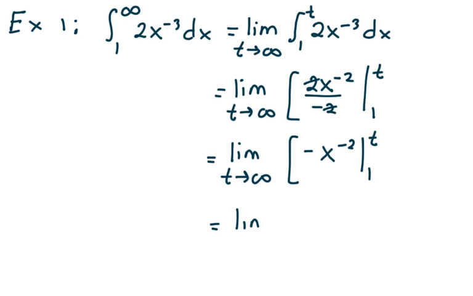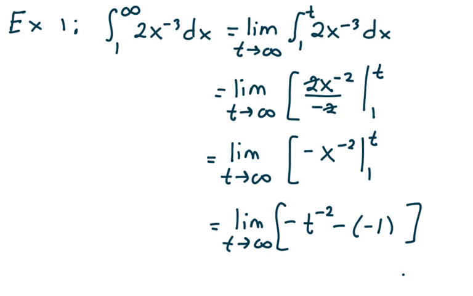I'm going to plug t in for x and get negative t to the negative 2, and I'm going to plug 1 in for x, and I get minus a negative 1. And so this is the limit as t goes to infinity of 1 minus 1 over t squared.